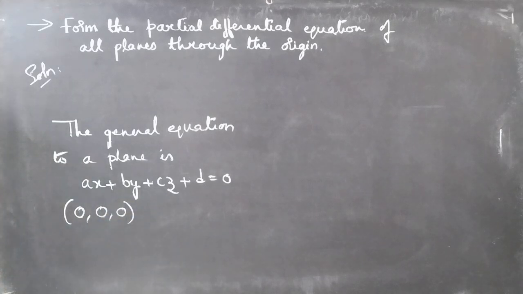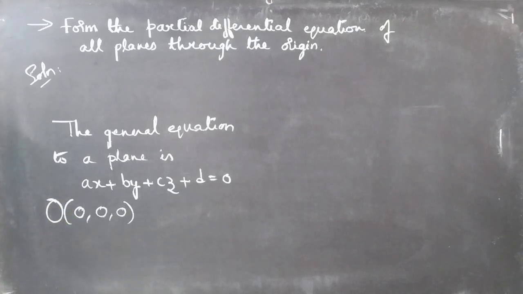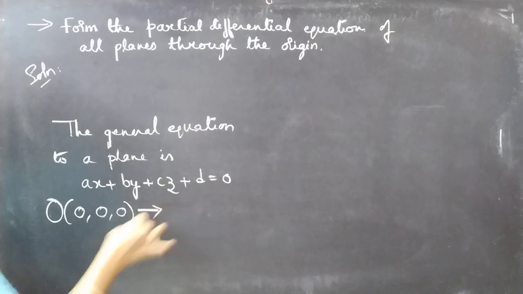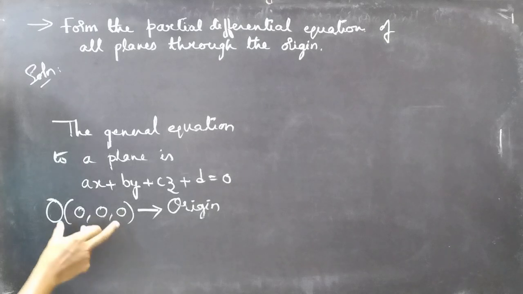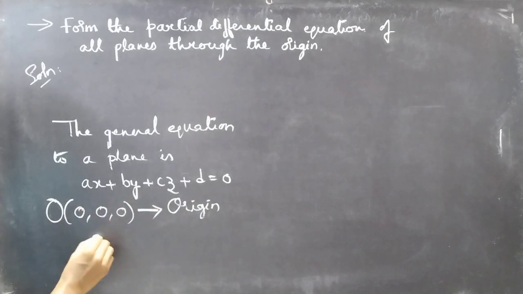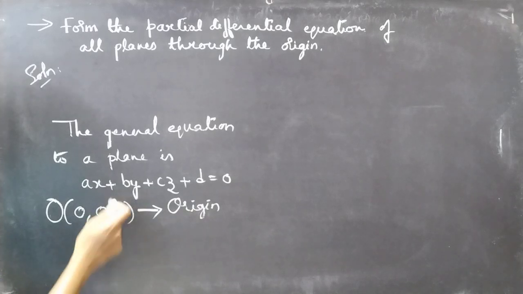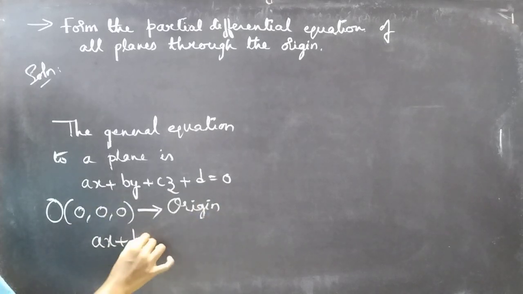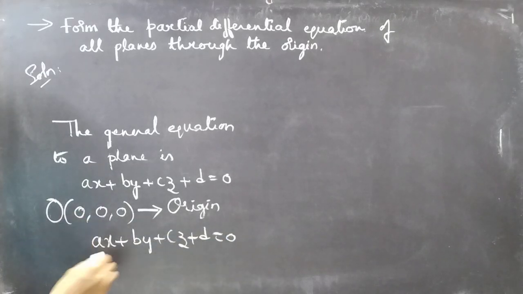We know that this is the origin, right? Coordinates at origin, say O. Since all the planes pass through the origin, if this equation passes through it, then substitute the values of the coordinates here.